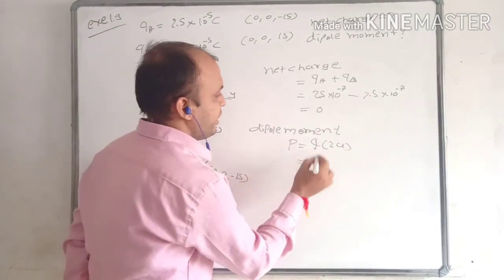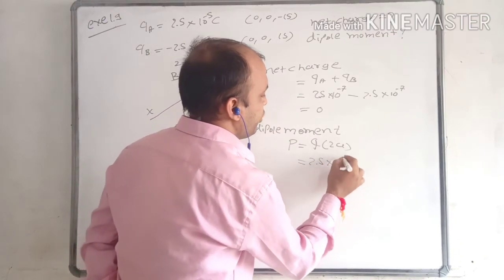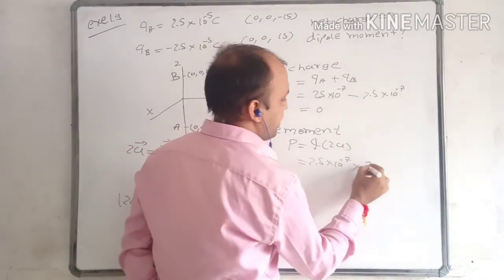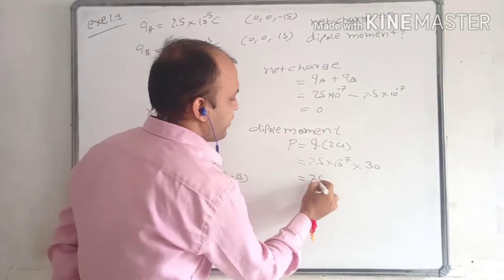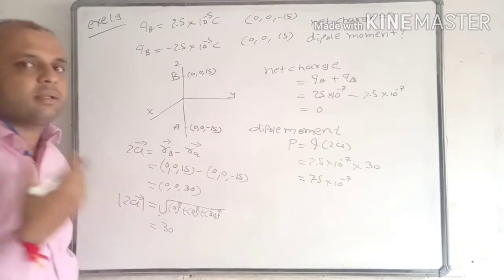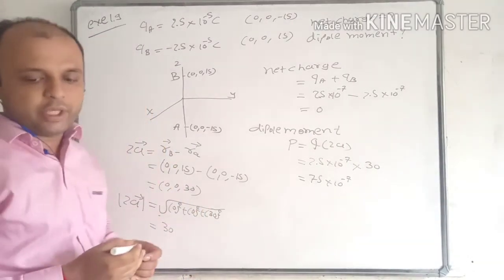So here we have charge Q is 2.5 into 10 raised to minus 7, into the separation between them, 30. So the answer will be 75 into 10 raised to minus 7. You can simplify as per your convenience, but this is exercise 1.9.